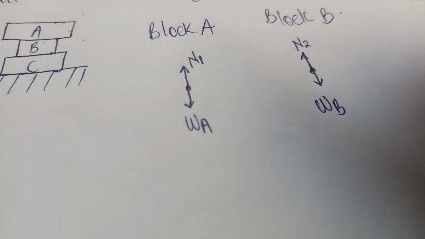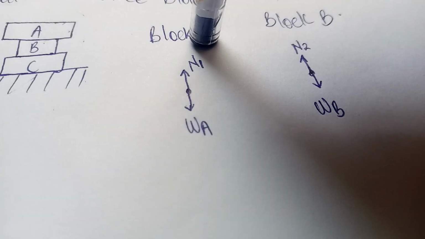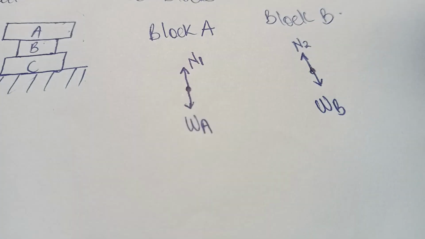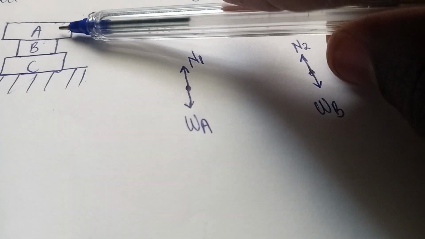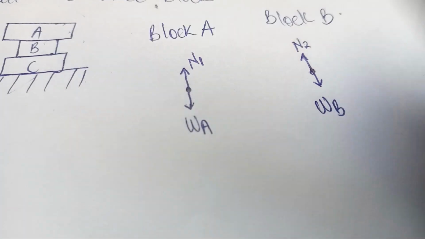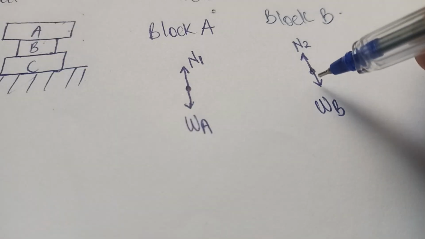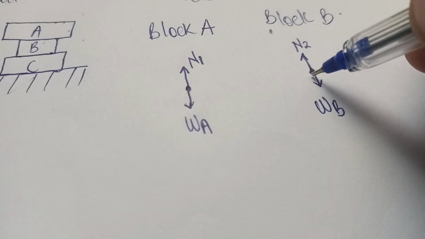Remember that example of me hitting the table with this pen: the pen exerts an action force on the table and the reaction is exerted on the pen. So this reaction was exerted on block A, but its action was exerted on B. So we have another downward force here. Okay, we have another force here.